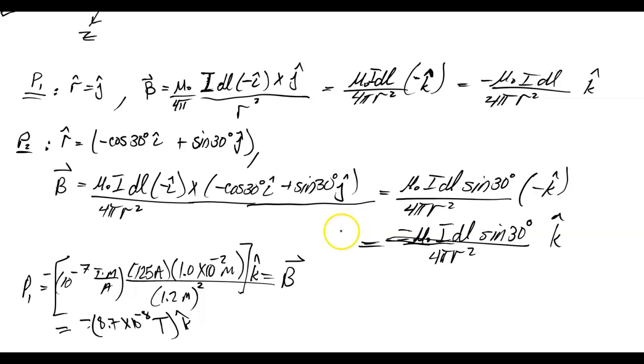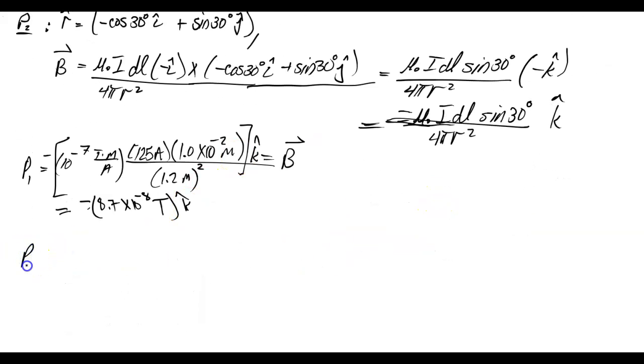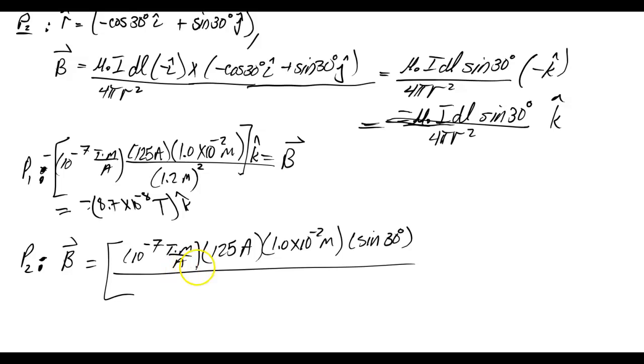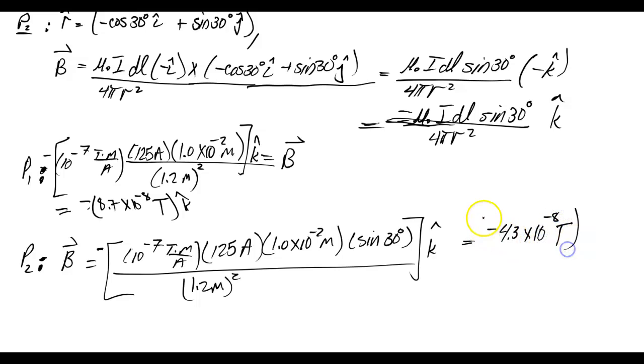k hat. And then similarly, if we plug in the values for P2, B vector equals, again 4 pi divided into mu naught will give us 10 to the minus 7th Tesla meter per amp times 125 amps times the distance dl, which is 1.0 times 10 to the minus 2 meters, times sine of 30, all over 1.2 meters, quantity squared, all in the k hat direction, which equals, again, forgot the minus, negative 4.3 times 10 to the minus 8 Tesla k hat.